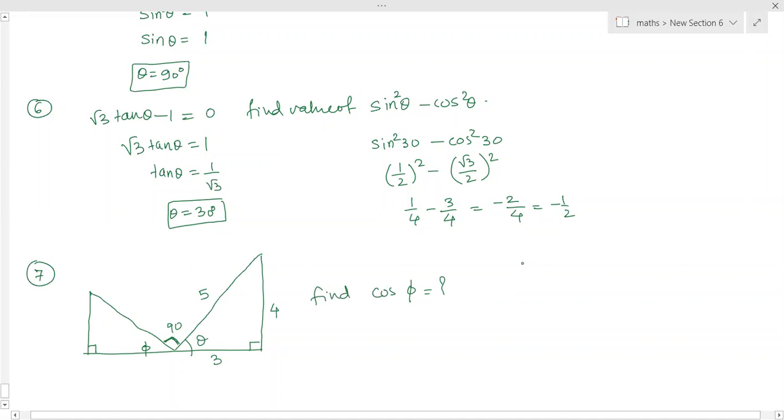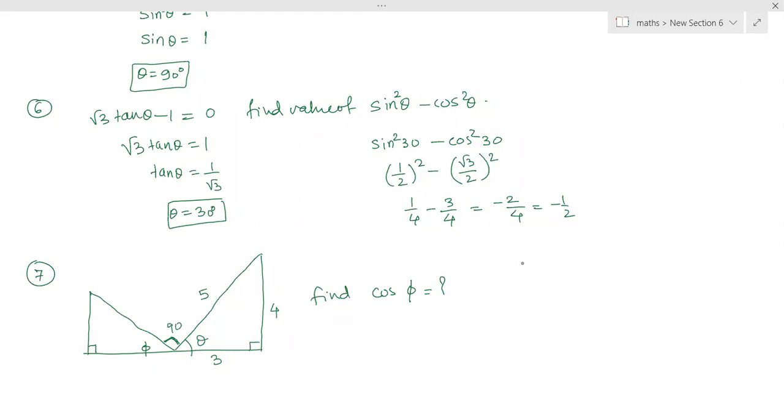Diagram is given. You have to find out cos phi. Ma'am, yes.